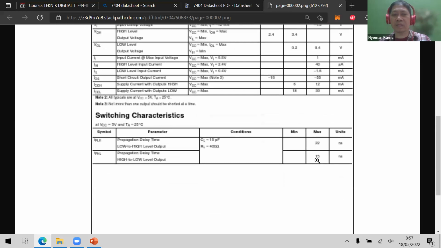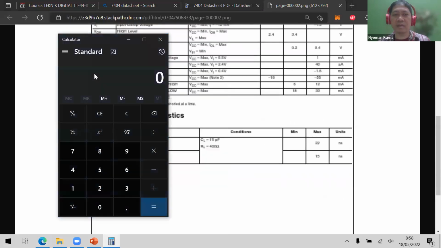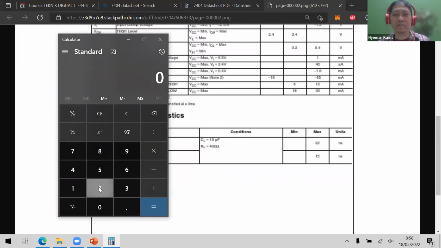For example, the propagation delay time is 22 nanoseconds. So the minimum width of the input pulse is supposed to be much more than 22 nanoseconds.